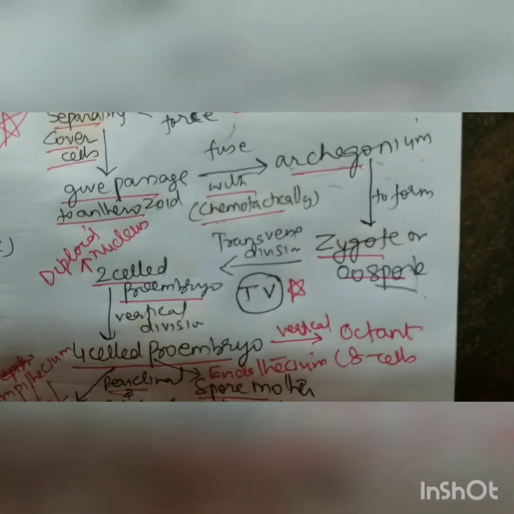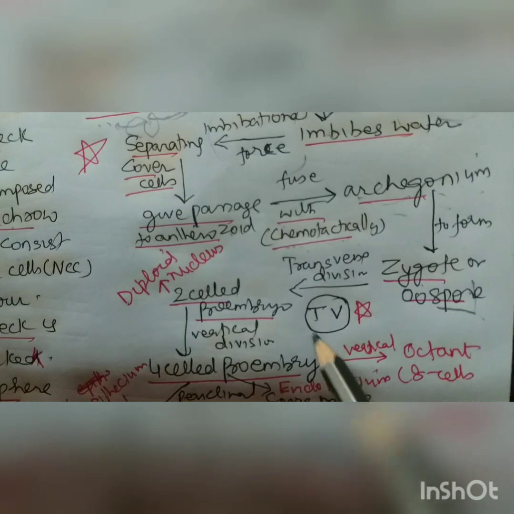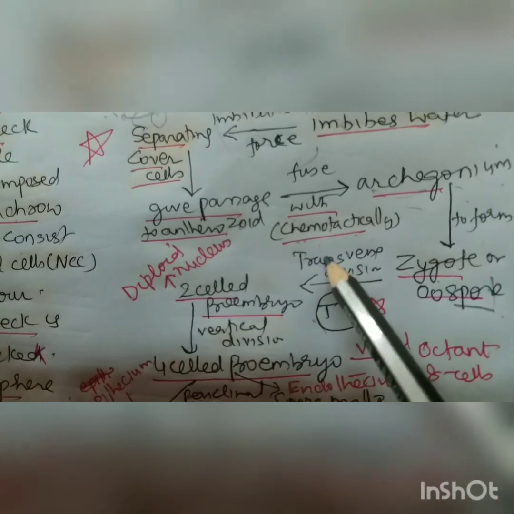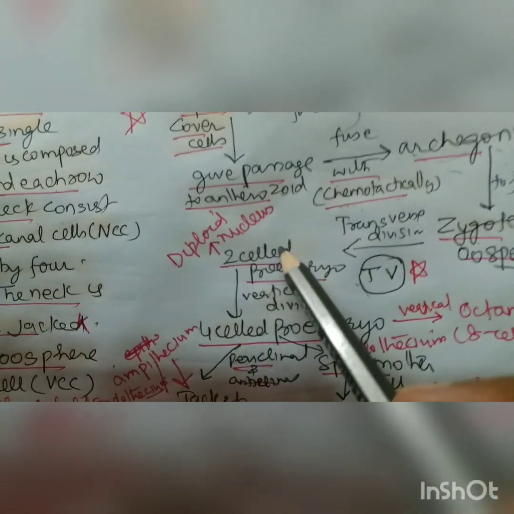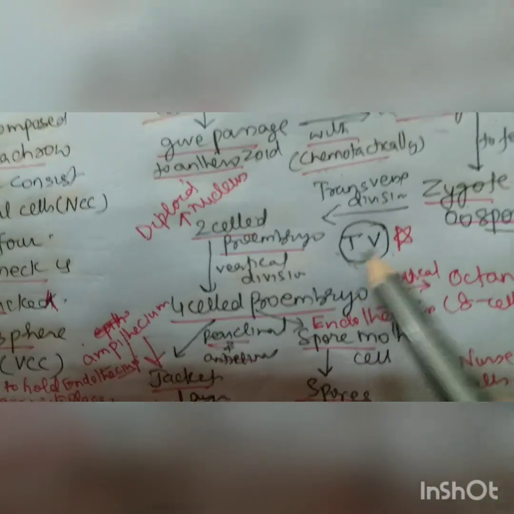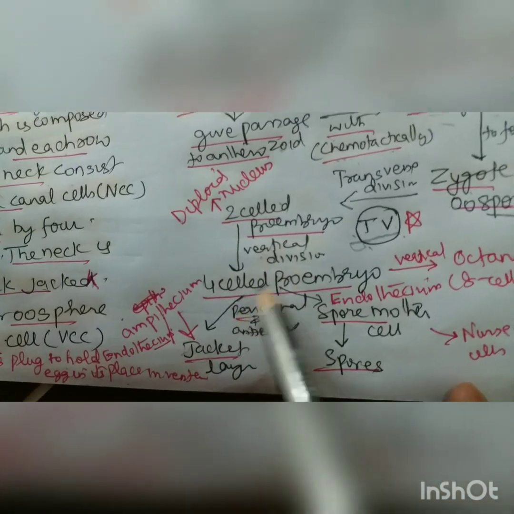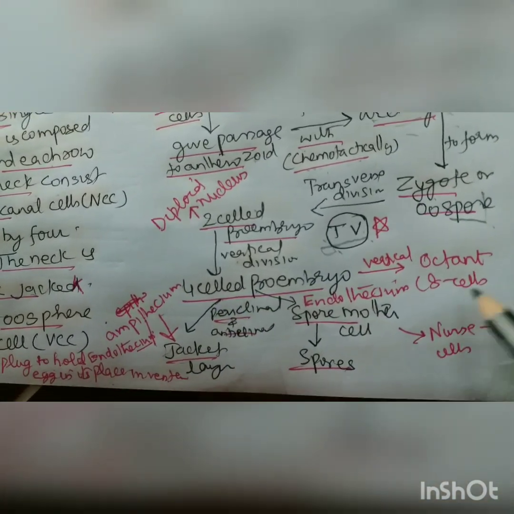Then this zygote undergoes transverse division. First is transverse. It will form a 2-celled embryo having a diploid nucleus, and it undergoes vertical division. We get a 4-celled embryo, which subsequently divides vertically again to octant.